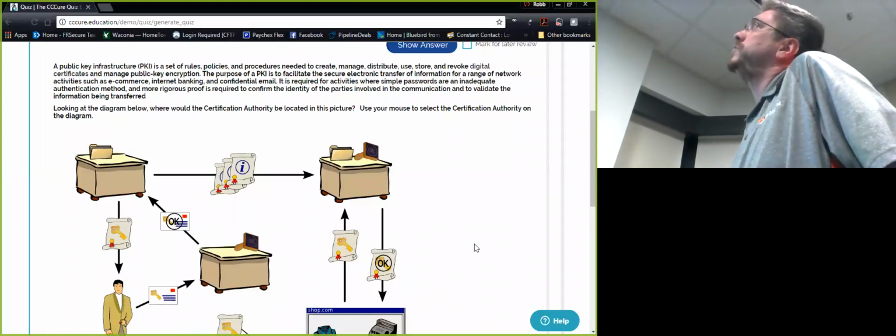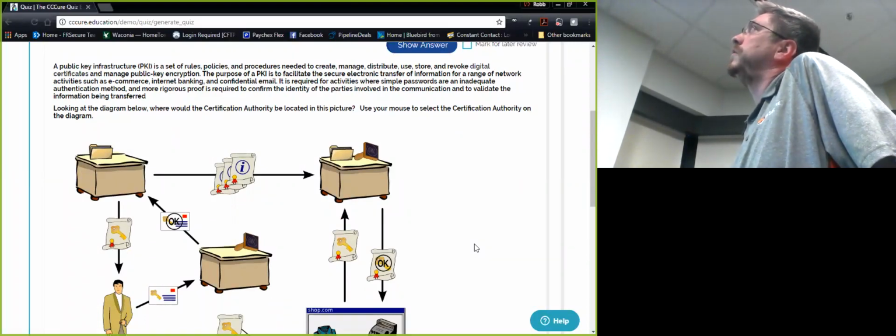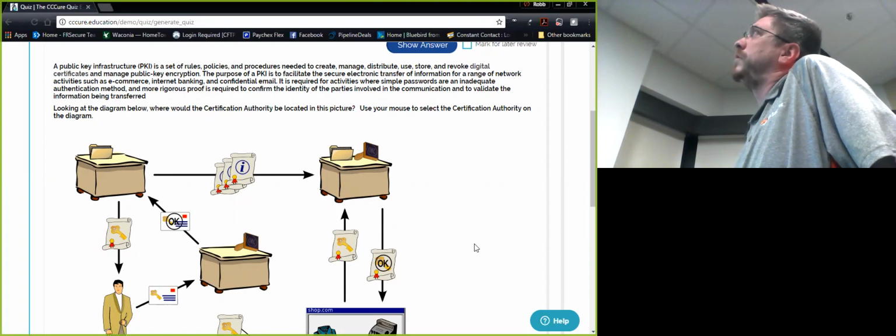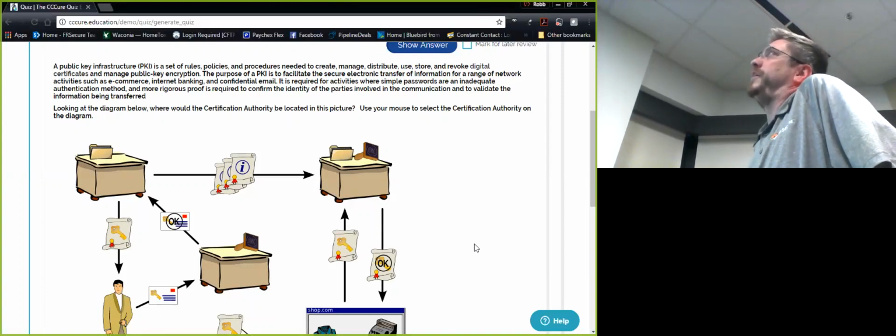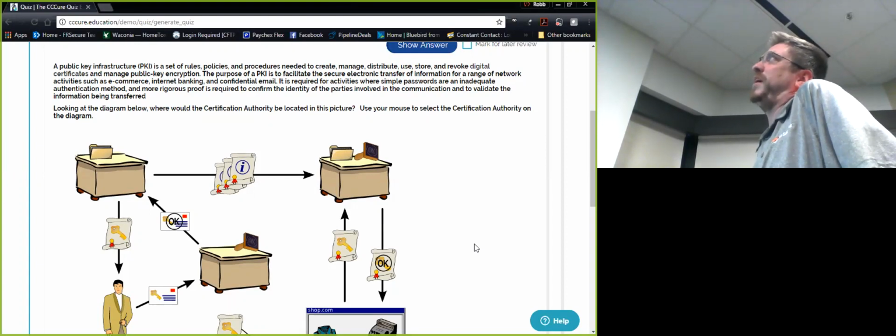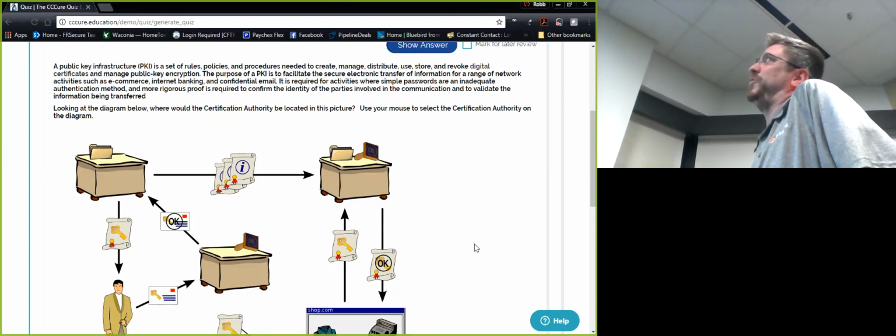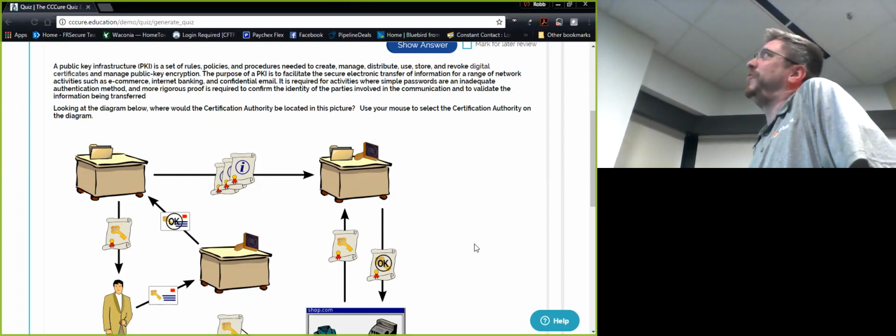PKIs. Again, this is another one where the first big paragraph just explains what PKI is. The second one is the actual question that you need to know.